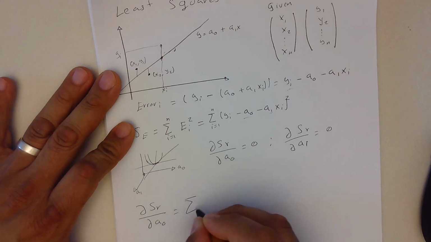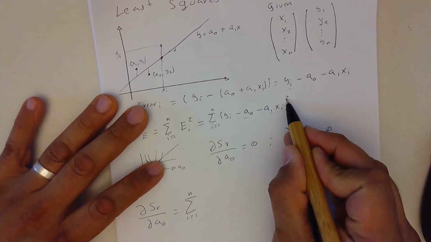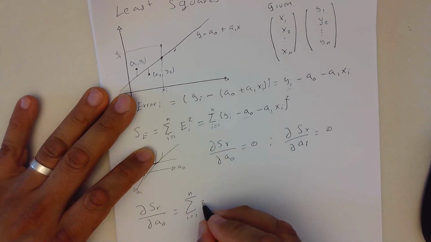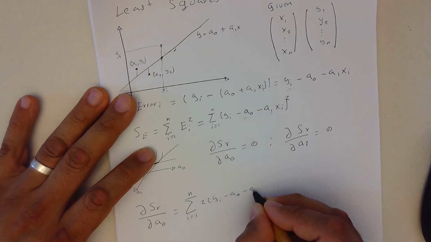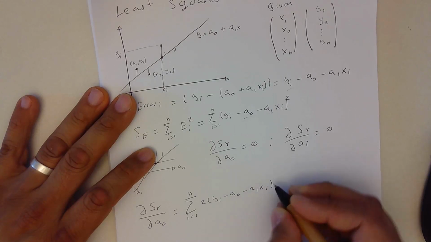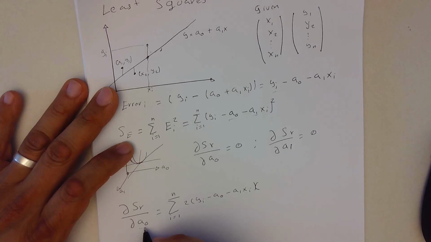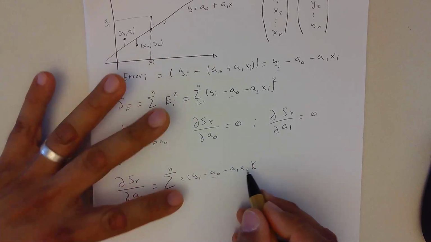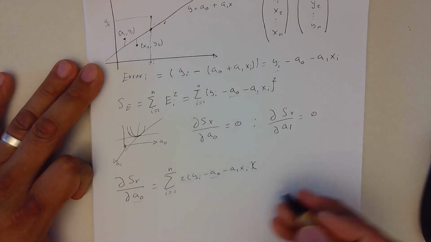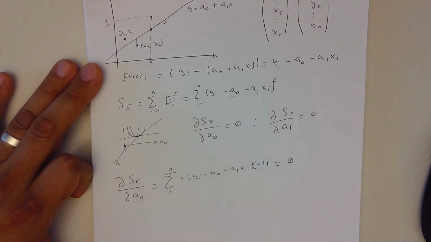We still have the summation from i equal to 1 to n. The 2 goes down, and we have the same thing internally. We are calculating with respect to a0, so the only term that has this variable is this one. Everything else is a constant for this derivative, so we multiply by -1, and this is equal to 0.